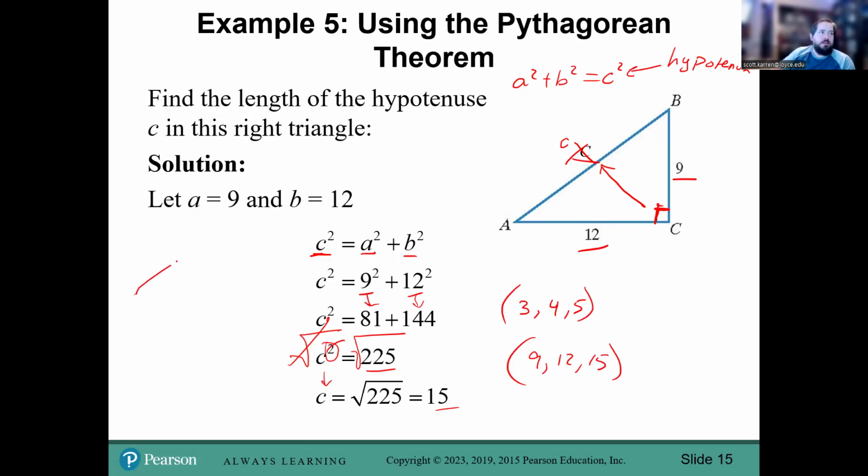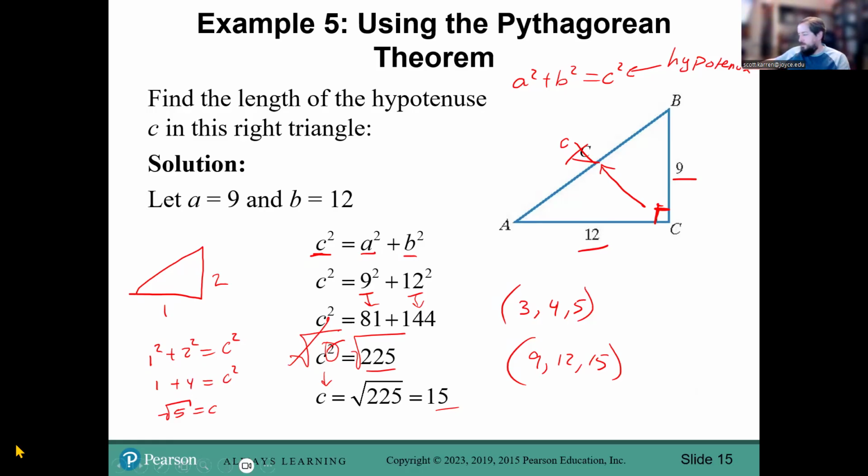For example, if I just have a right angle with 1 and 2, right, then I would have 1 squared plus 2 squared is equal to c squared. But 1 squared is 1, 2 squared is 4, and if I have to then take the square root of 5, I don't get a very good answer.